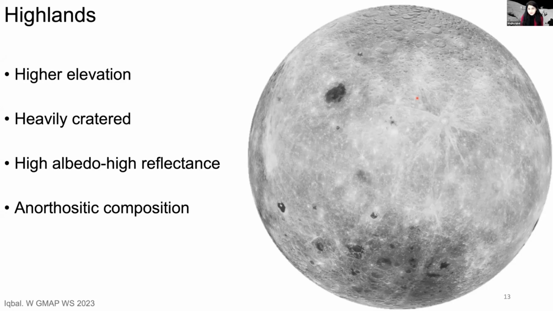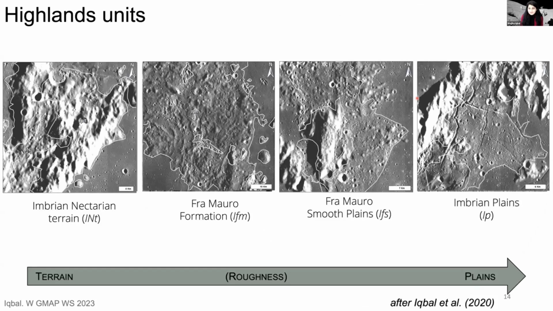They are heavily cratered, and this is where the earlier crustal material could be present. It's enriched in the lighter minerals that formed this earlier crust, like anorthositic composition. However, the highland is not a single geological unit. It consists of several different geological units.